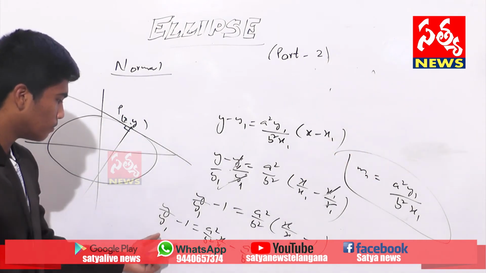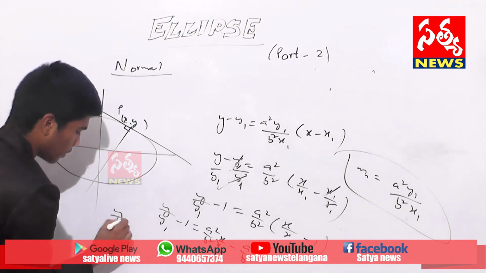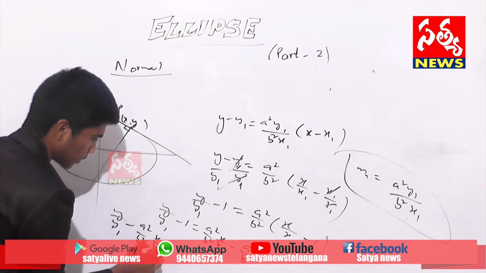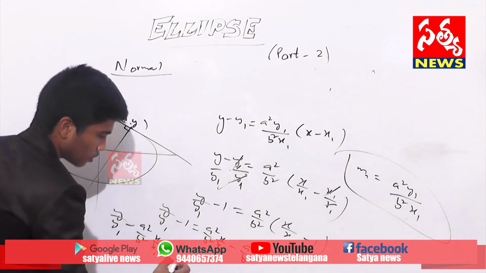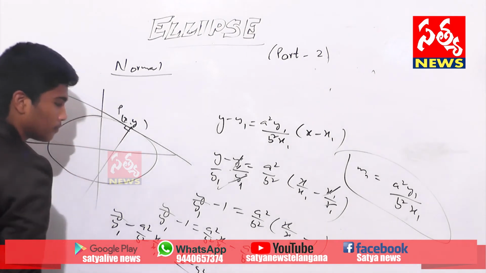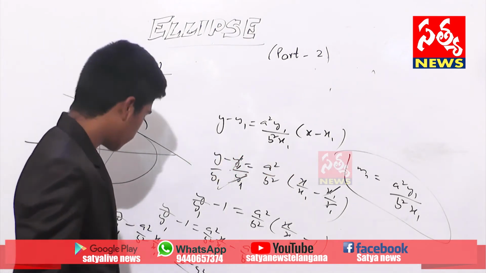Now bring this term over: y / y1 - (a² / b²)(x / x1) = 1 - a² / b², which is (b² - a²) / b², where I have directly taken the LCM.